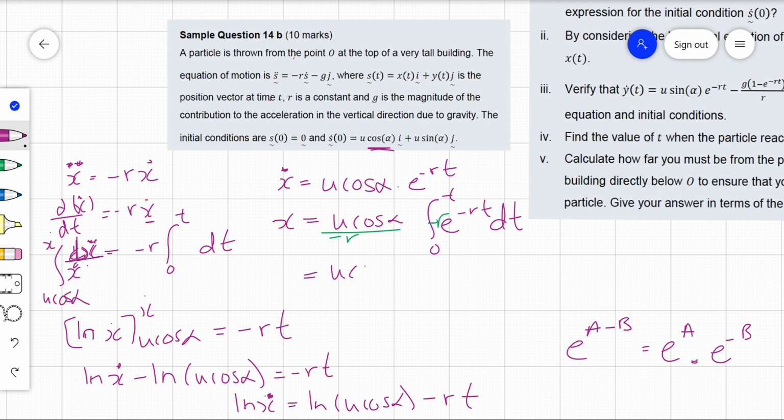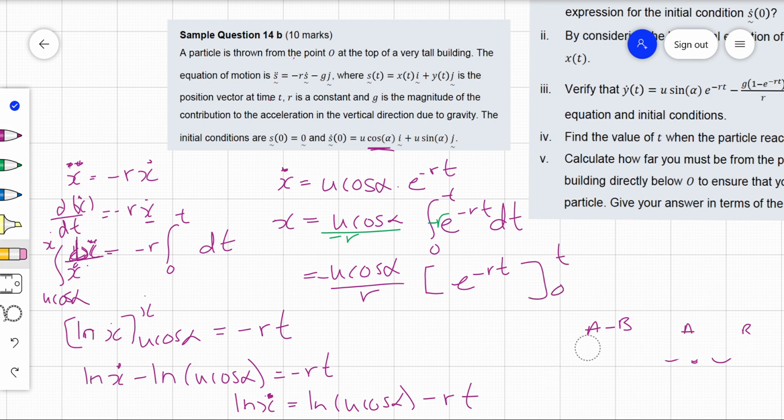I'm going to get u cos alpha, and when I put t in, I have e to the minus rt, between 0 and t.